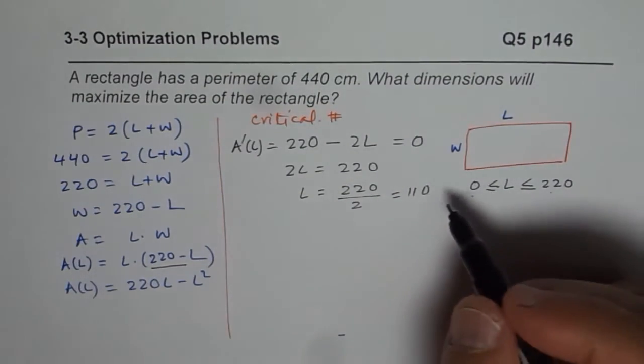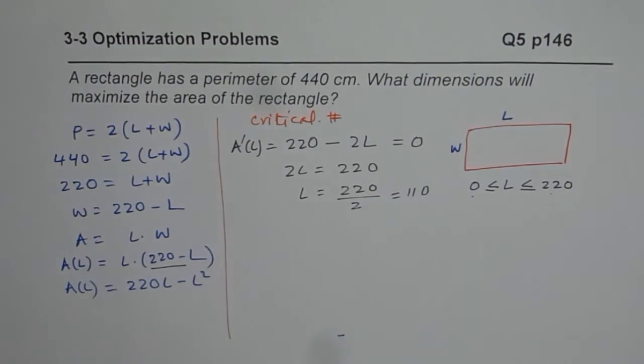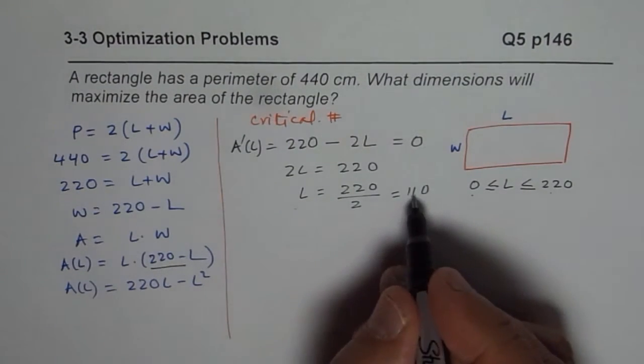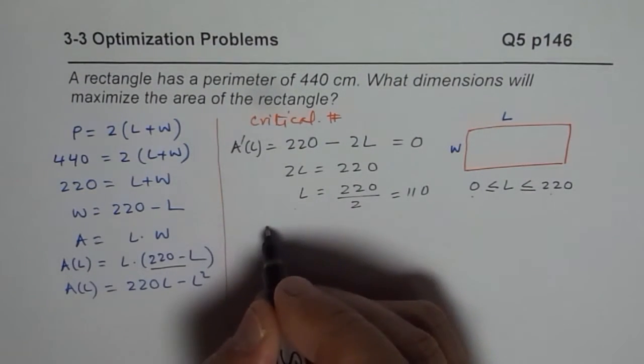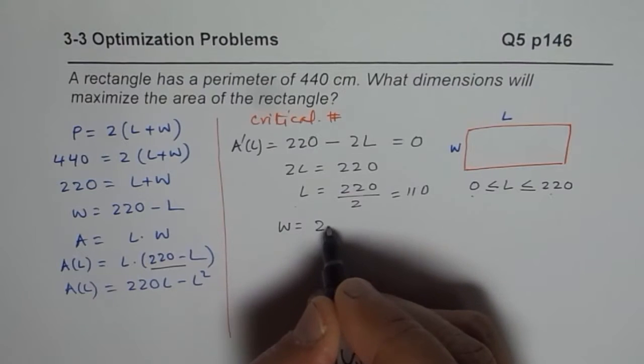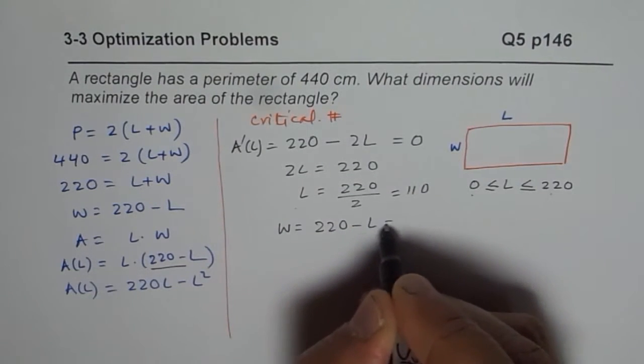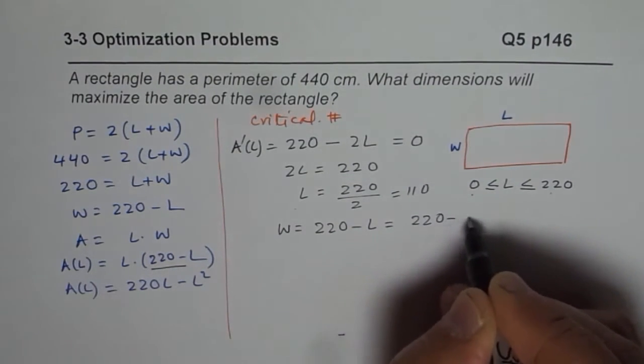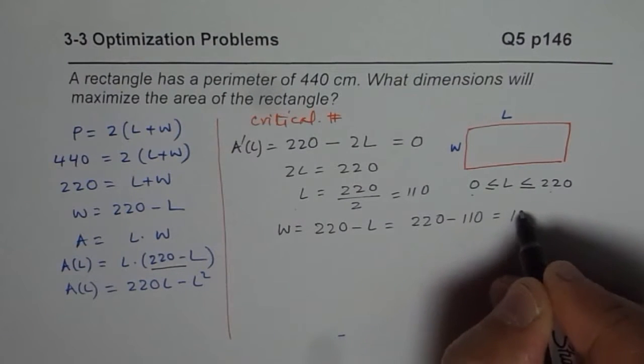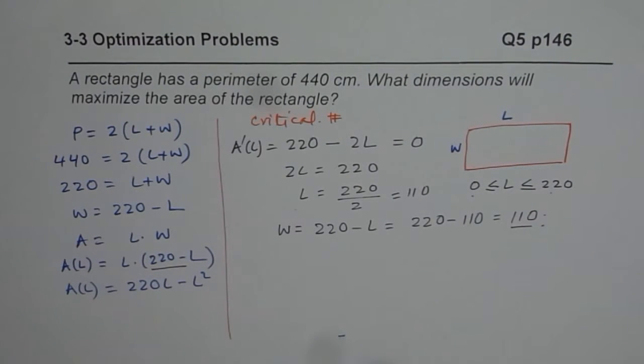You can see 110 is 1/4 of this, right? Once you find length L, you can find the width also. Width equals 220 minus L, which is 220 minus 110, which is also 110, correct? So for the critical number, length and width should be 110 centimeters each.